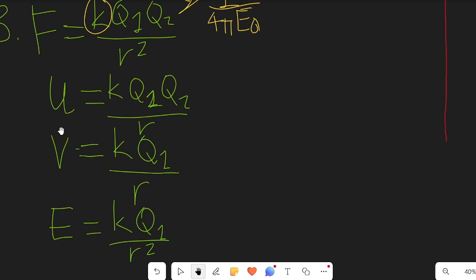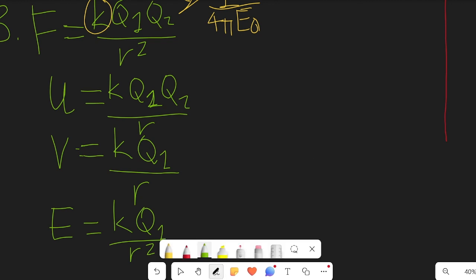The best way you can remember this is by unit analysis, which is another topic we covered last time. Notice that force is in newtons. Electric potential energy or work is in joules, which equals newtons times meters. So the meters in the numerator mean that, since distance was in the denominator of the original Coulomb's law formula, we omitted one of the distances from the denominator.